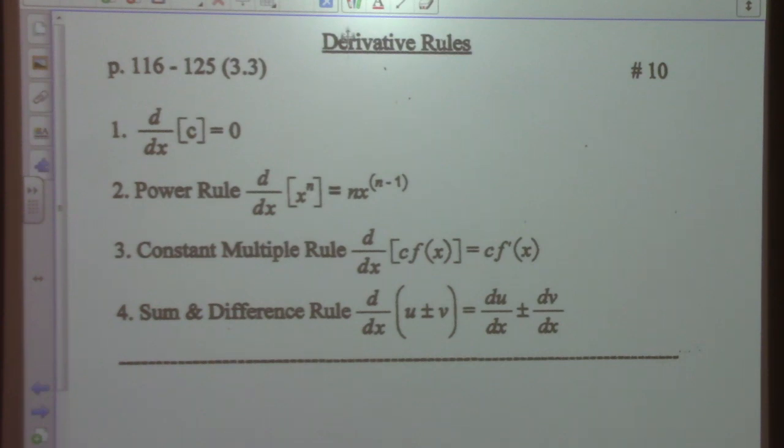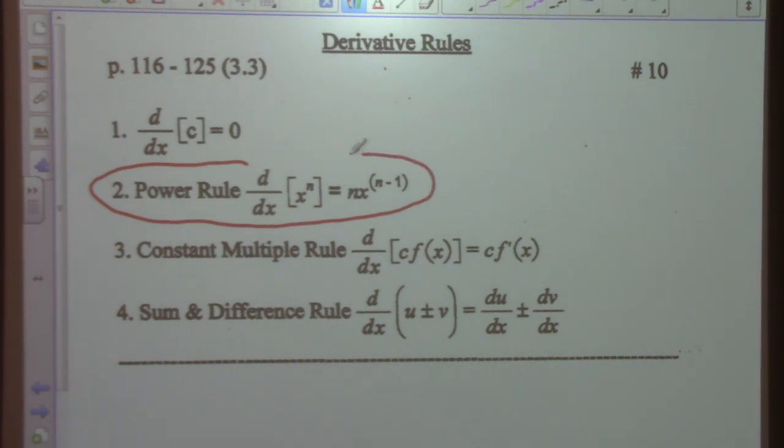The biggest thing we have, in fact, the go-to thing that's going to help you more than anything else, is this thing right here. Everything we've been doing the last 3 days, we'll be able to do in a flash with this thing right here. All right? It's called the power rule.